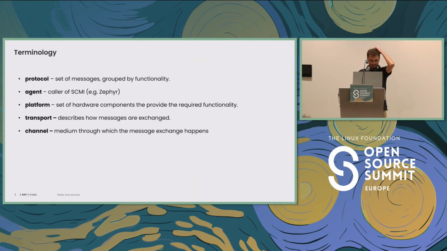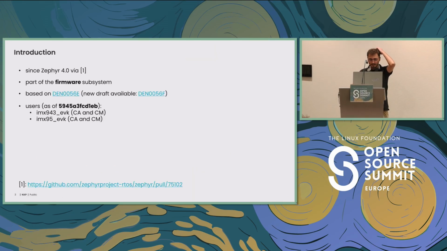So we're gonna skip over this because it's not that interesting. So a bit of introductory notes. The SCMI support has been around since Zephyr 4.0 and was introduced as part and alongside the firmware subsystem. The support is based on the ARM specification version 3.2, but right now ARM has released a new version 4.0 alpha.